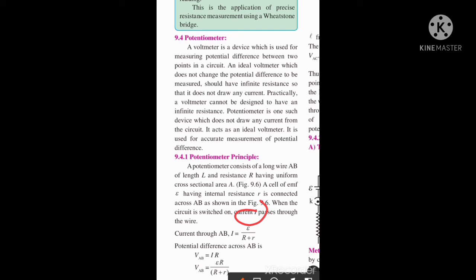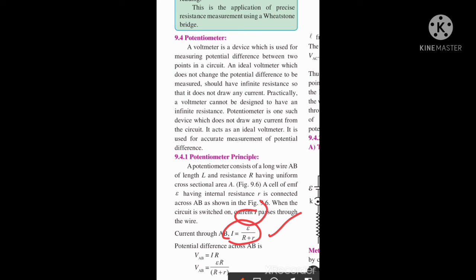Then the current across wire AB is given using Ohm's law: I is equal to E upon capital R plus small r, where E is the EMF of the cell, capital R plus small r is the total resistance of the circuit, and I is the steady current flowing through that circuit.